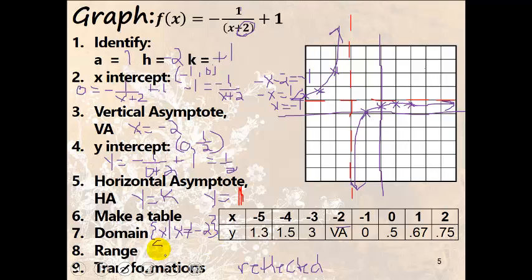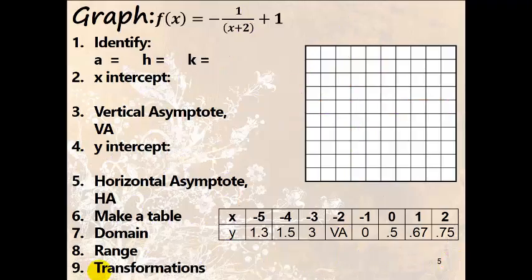And then my range is all y's such that y cannot equal my horizontal asymptote, which is 1. And my transformations are reflected, left 2, and up 1.